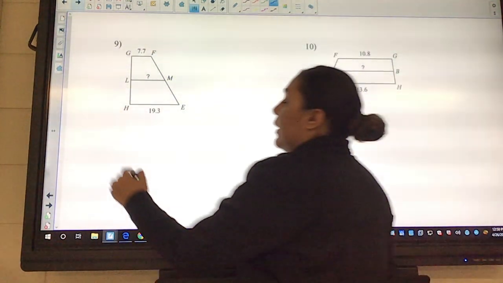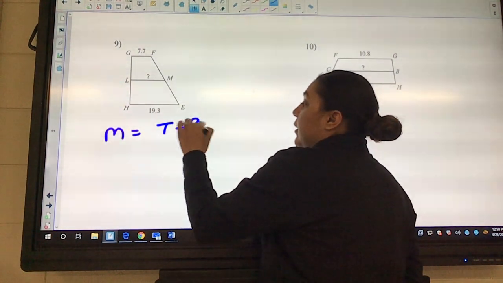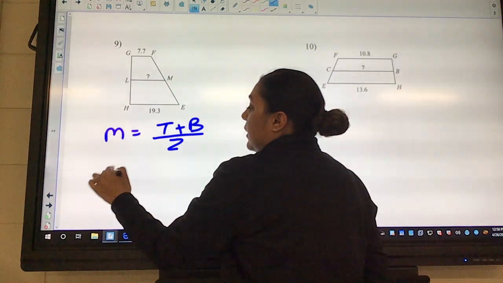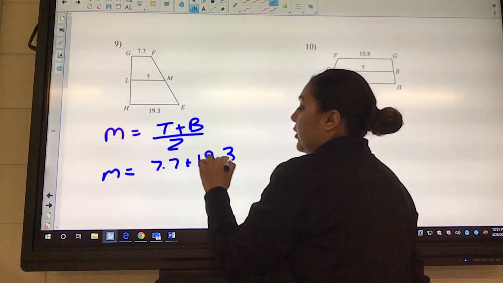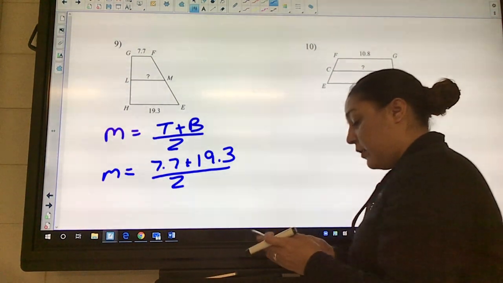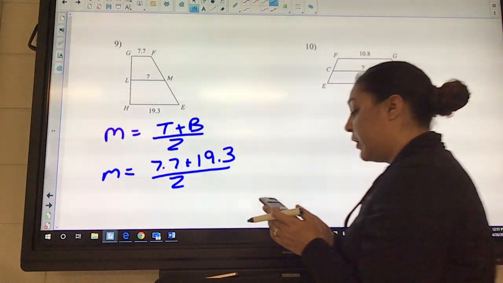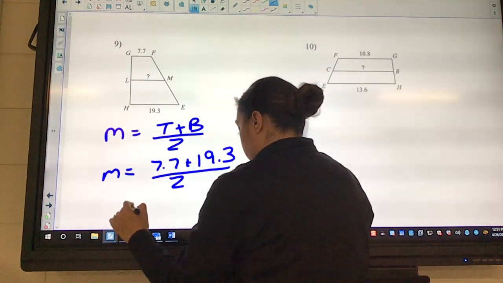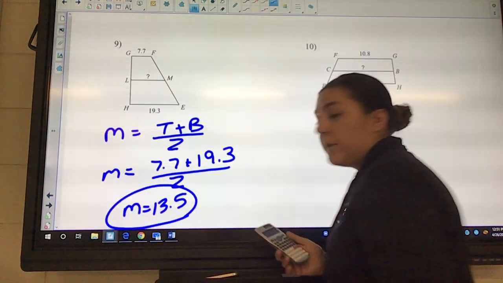Next, the middle is the top plus the bottom divided by 2. So we have the middle, 7.7, plus the bottom, 19.3, divided by 2. It's 7.7 plus 19.3 divided by 2. You should get the middle as 13.5, I'm sorry.